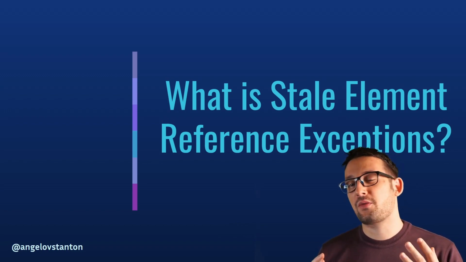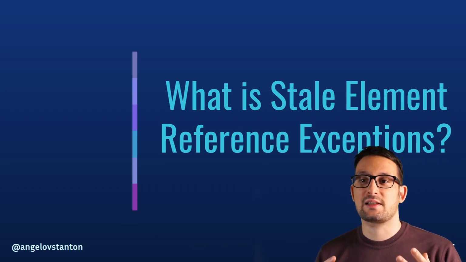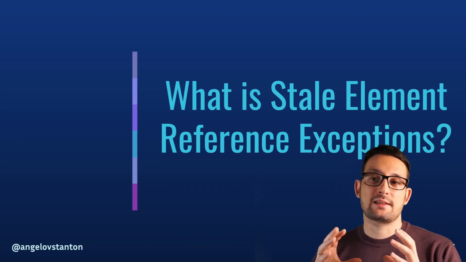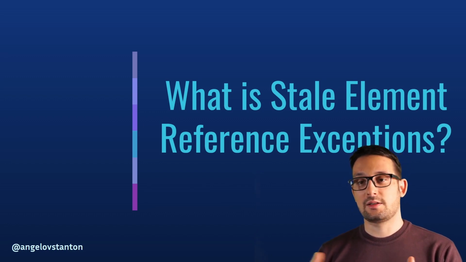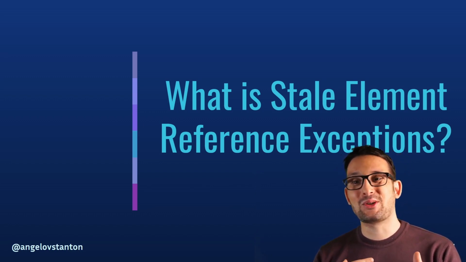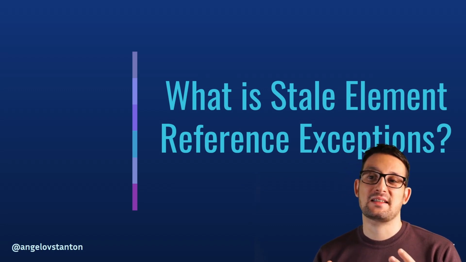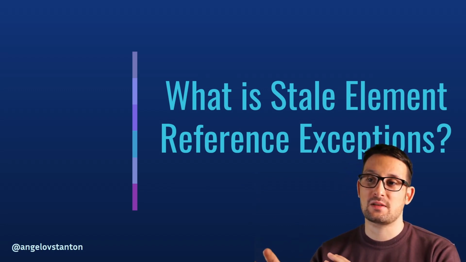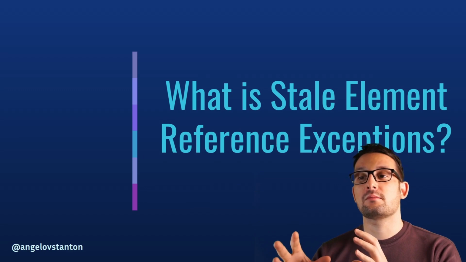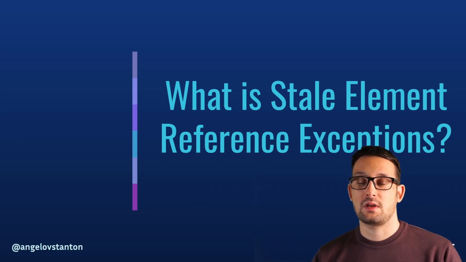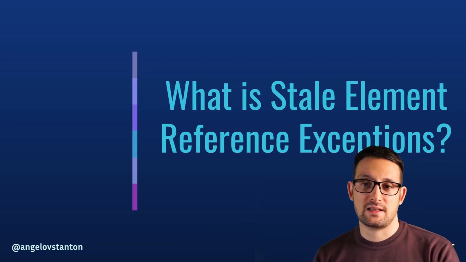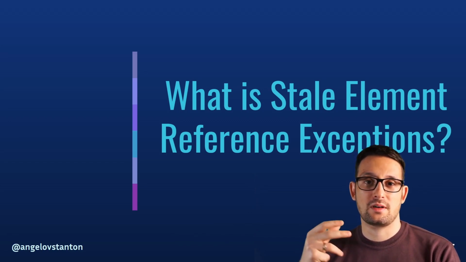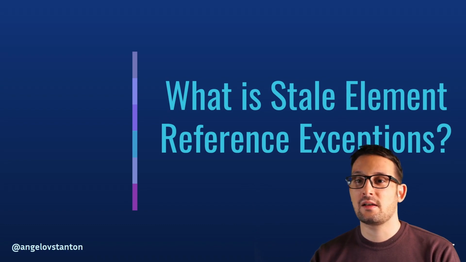So first you have ElementClickInterceptedException. This happens when the target element is obscured and cannot be clicked. A similar exception is ElementNotInteractableException, and this happens when the web element is present but in a non-interactable state. There are various other exceptions, like NoAlertPresentException. You try to work on an alert that is not there yet.